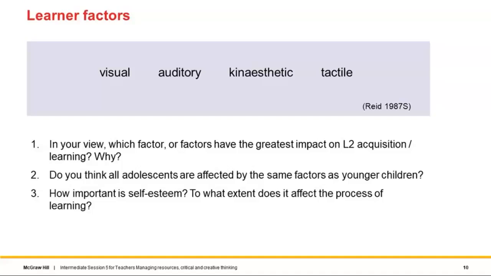So basically, you're talking about learners who come to you from elementary, so they have to go through that transition stage, which is not always easy, can be quite demanding for everybody, and the next couple of years when they do sort of settle into intermediate, and things change somewhat. How important is self-esteem, and to what extent does it affect the process of learning?